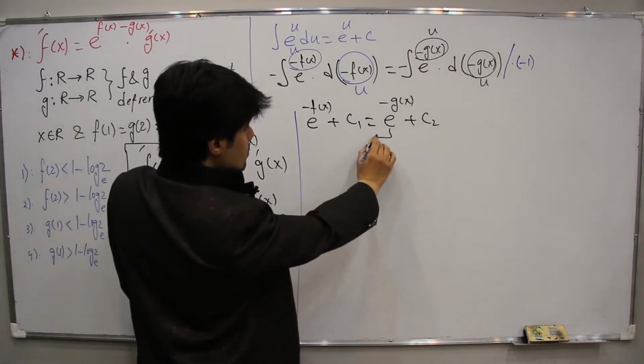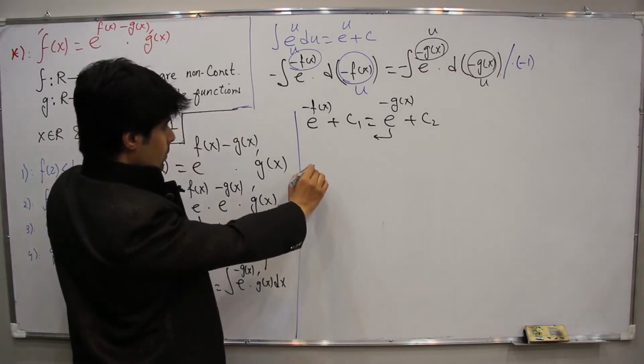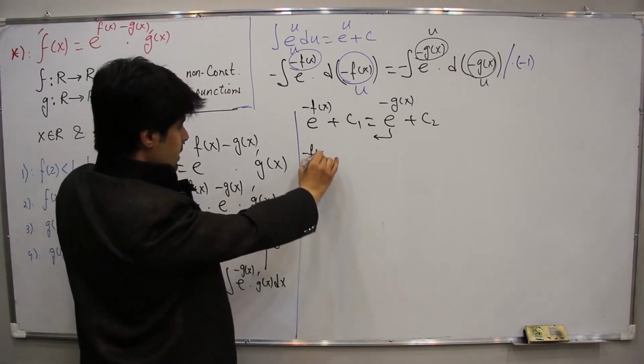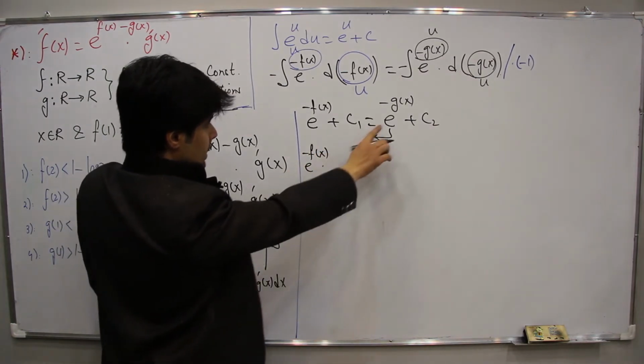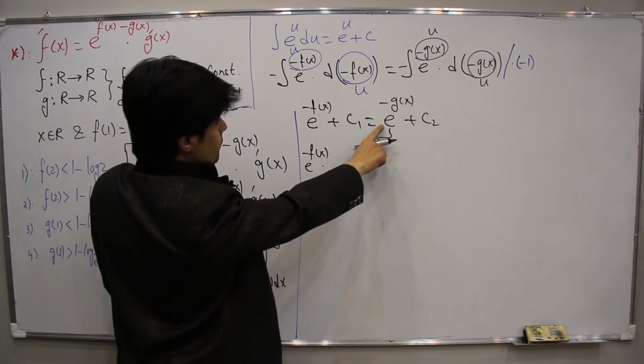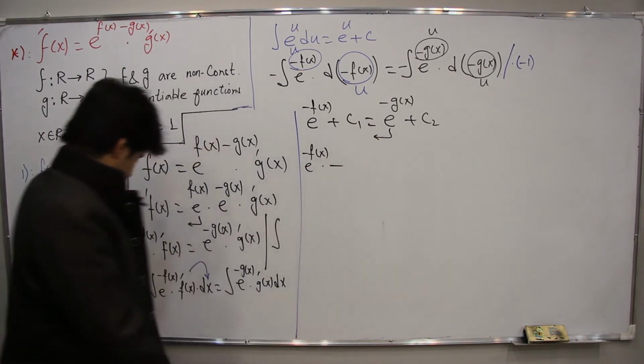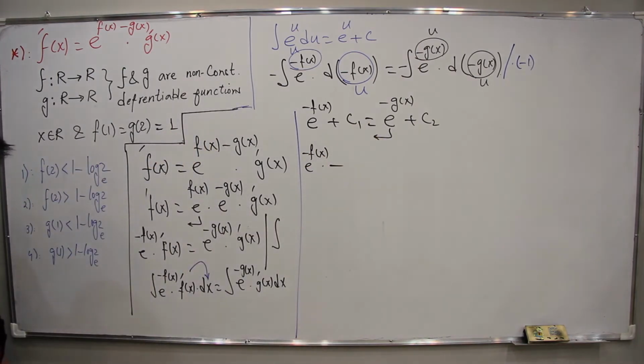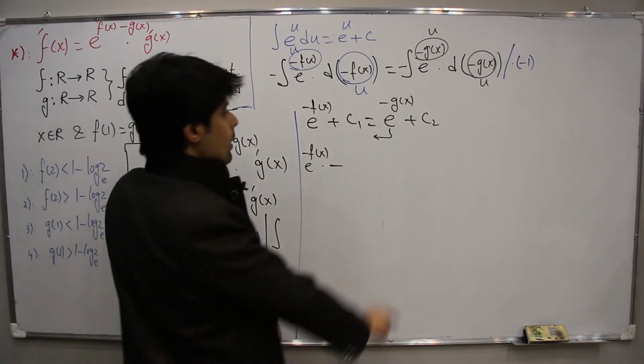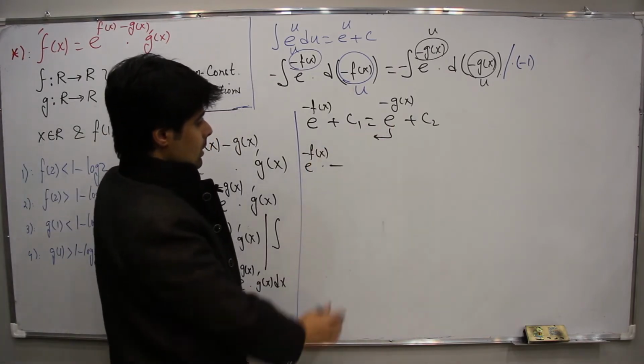Now I bring this one to the left side, so e to the power minus f(x) plus or minus this one minus. Am I right? Yes. Okay. Now I have to write this one to the left side.